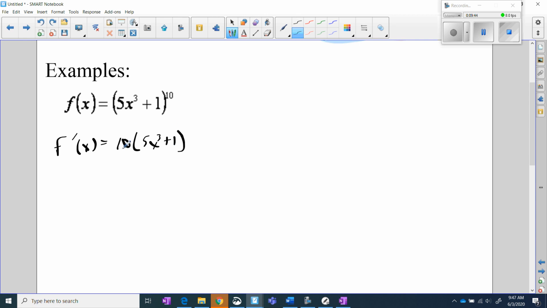So I multiply by the 10, leave this as it is. I take one off, just as if it was x to the 10th. So now it's 10, this to the 9th, and then beside this, you multiply by the derivative of what's inside the brackets, 15x squared. If you look up here, that's the last part of your chain rule.